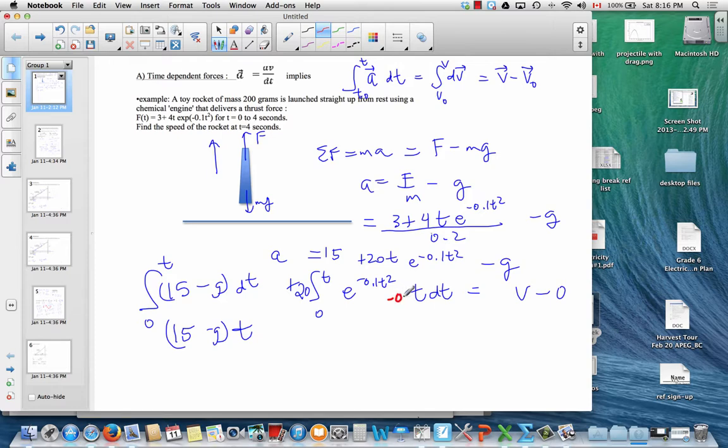So I'll just put a minus 0.2 here to set up the e^u du, and then out in front, I'll divide by minus 0.2, just to balance the expression and make sure it's still equal to what we had before. So now this is e^u du, and the integral of e^u du is just itself. And then 20 divided by minus 0.2 is minus 100.